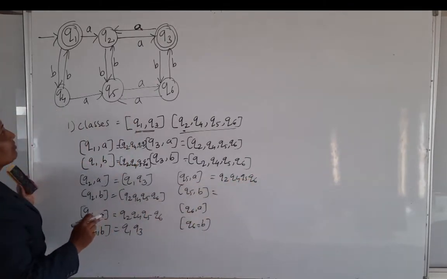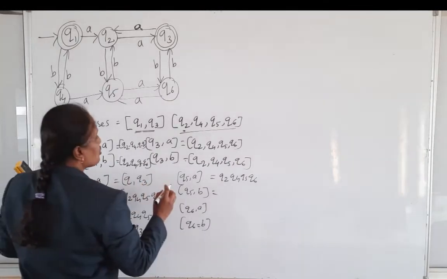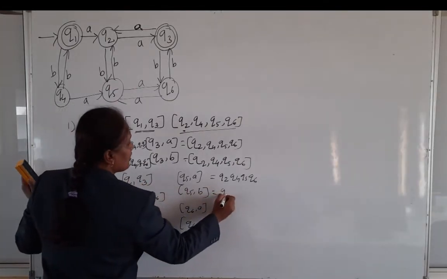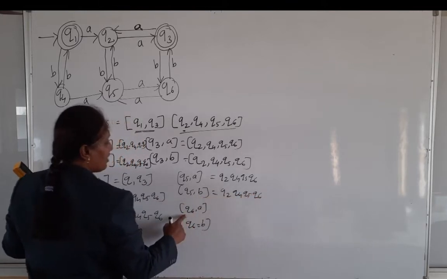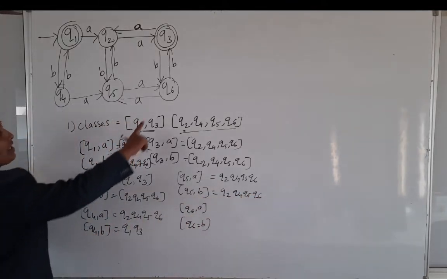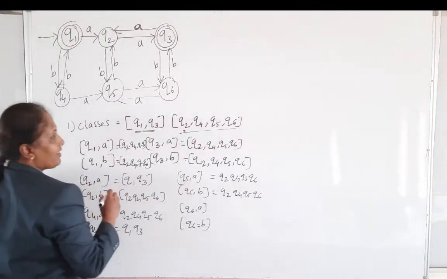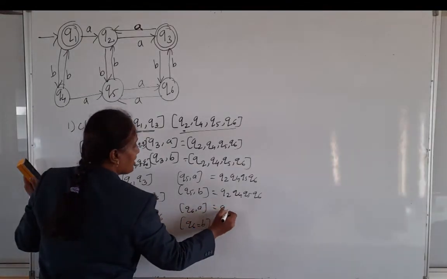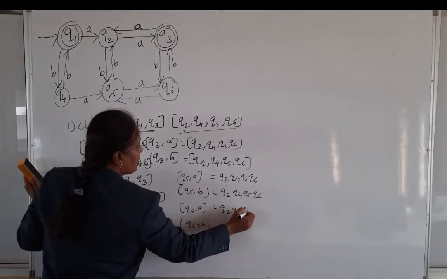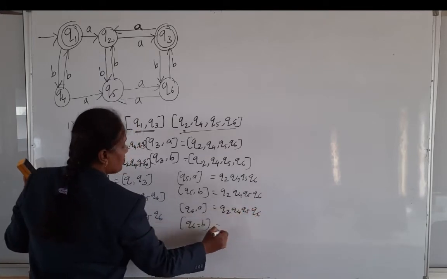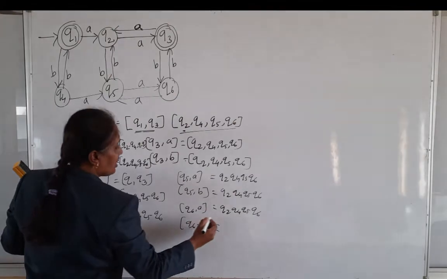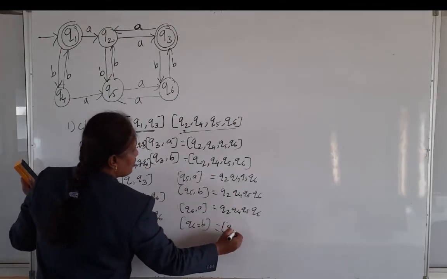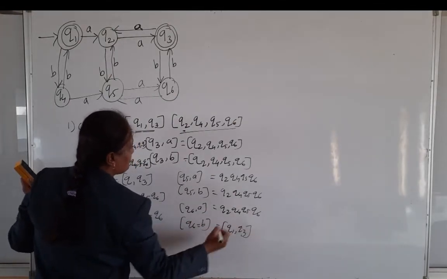Q5 of B, where I reach Q2. So I'll write Q2, Q4, Q5, Q6. Q6 of A, check the transition, where I reach Q5. So I'll write here Q2, Q4, Q5, Q6. Q6 of B, where I reach Q3. So I'll write here Q1, Q3.